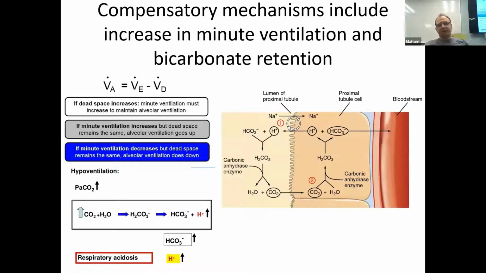So how do patients with restrictive physiology maintain oxygenation and pH? They increase their minute ventilation with tachypnea. So if minute ventilation increases and dead space remains the same, alveolar ventilation goes up.